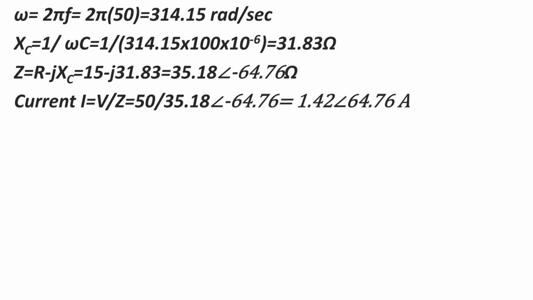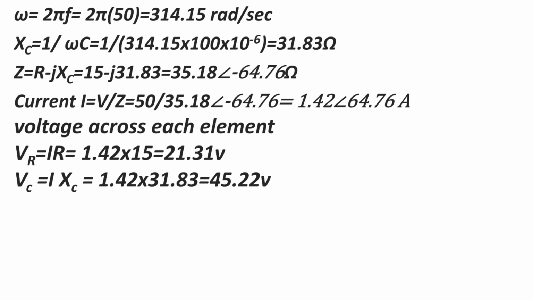64.76 amperes. Voltage across each element: VR equals IR, which is 1.42 multiplied by 15 ohms, which equals 21.31 volts. Voltage across the capacitor, I into Xc, is 1.42 multiplied by 31.83, which equals 45.22 volts.